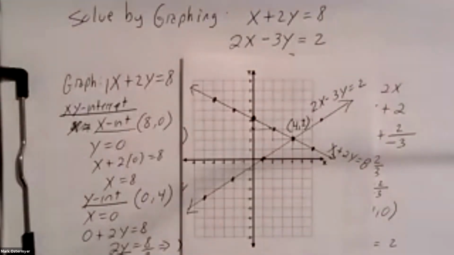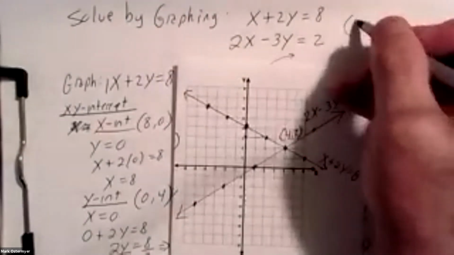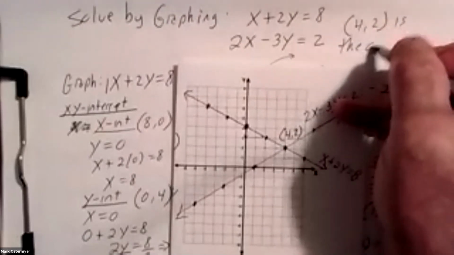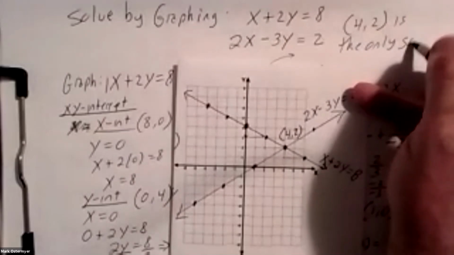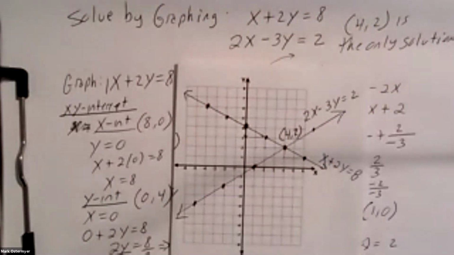So it looks like (4, 2) would be the solution to that system. And that's the only solution of this system of two linear equations and two unknowns. So (4, 2) is the only solution. So it appears that this system has precisely one ordered pair solution.